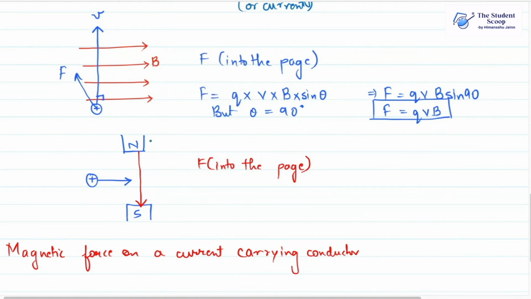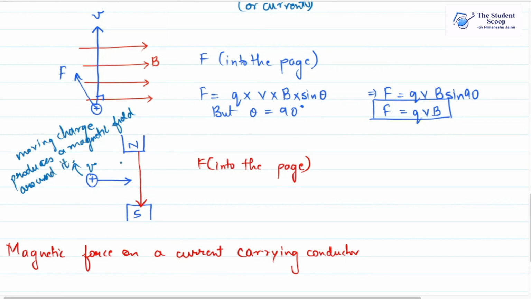What happens here is that when the charge is moving, when the charge has speed, a moving charge produces a magnetic field around it.